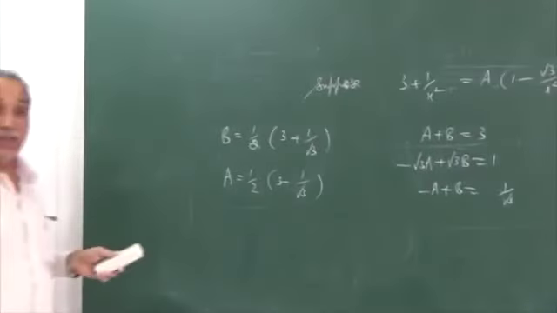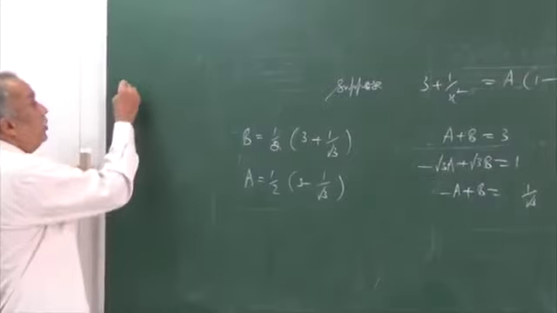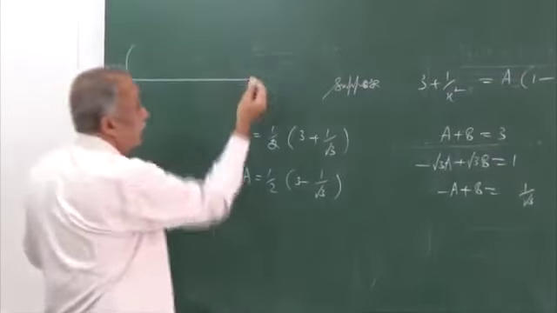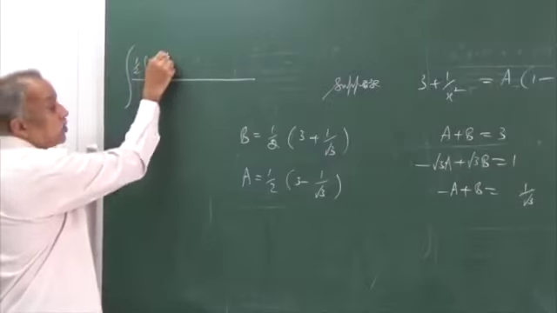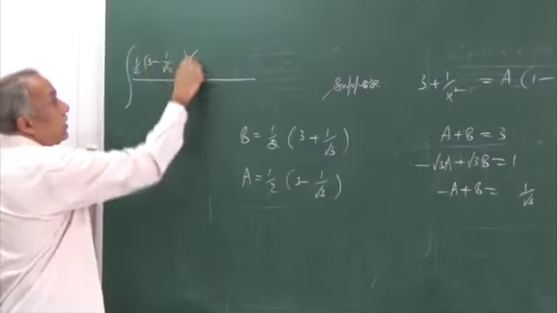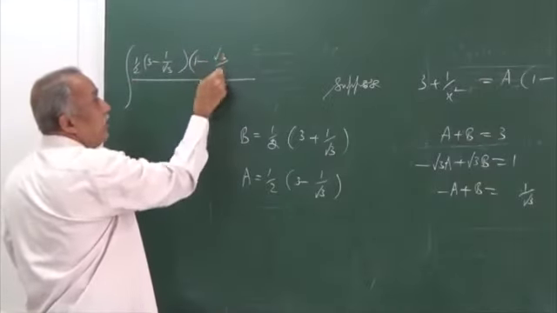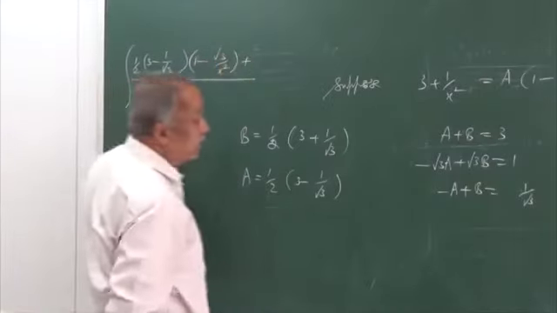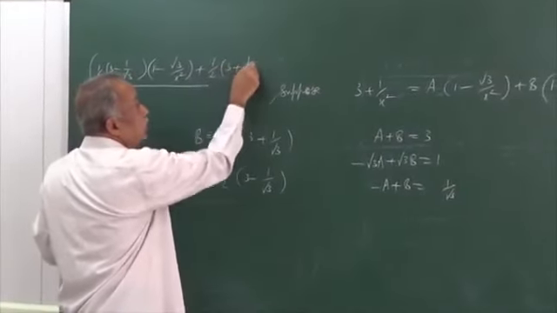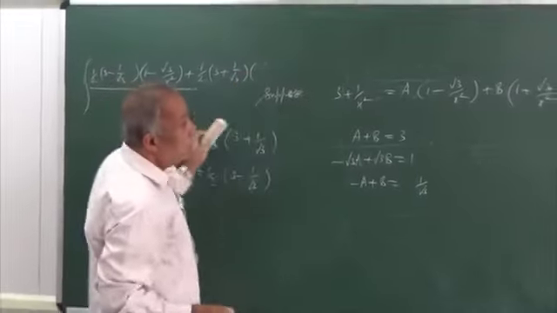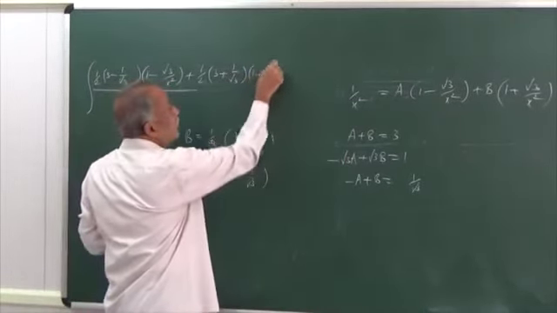Taking the help of these values, I find the numerator of the integral you are required to obtain as half of (3 − 1/√3) into (1 − √3/x²) plus half of (3 + 1/√3) into (1 + √3/x²).